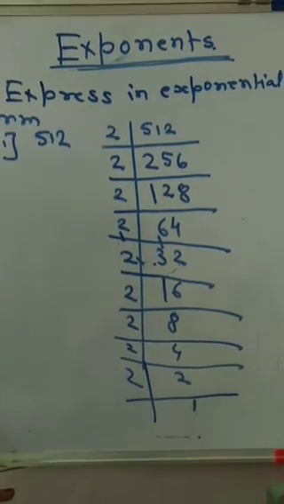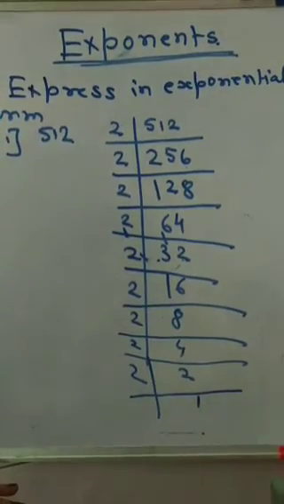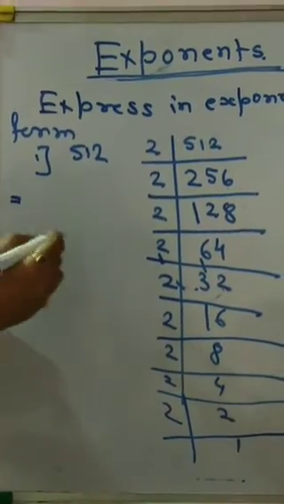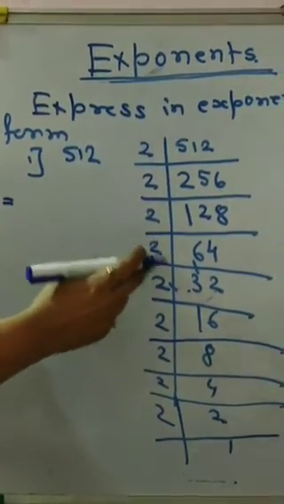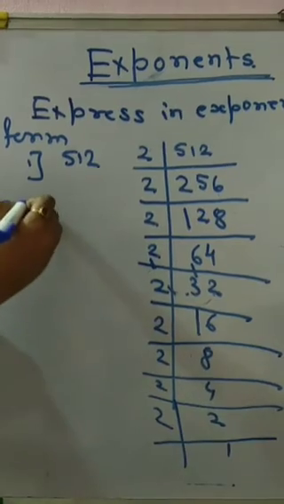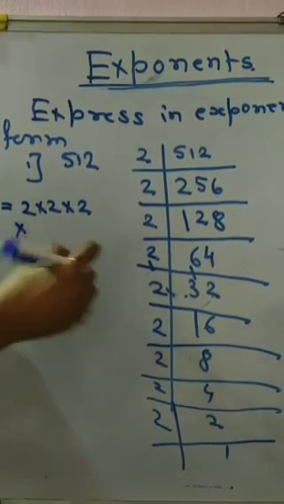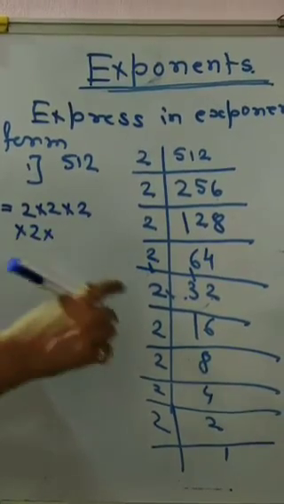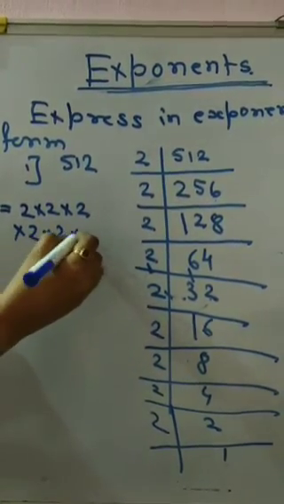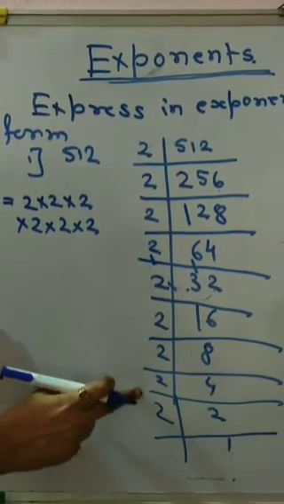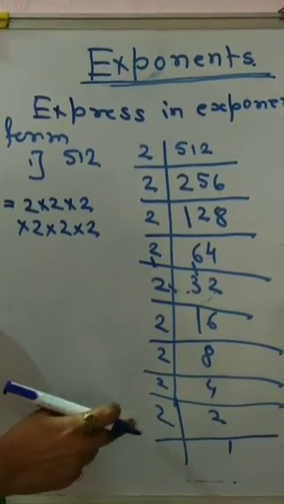Next we have to make pairs of the number. It is equal to 2 2 2 2 2 2 2 2 2. We have to make the pairs. 2 into 2 into 2 into 2 into 2 into 2. Counting 1 2 3 4 5 6 7 8 9.